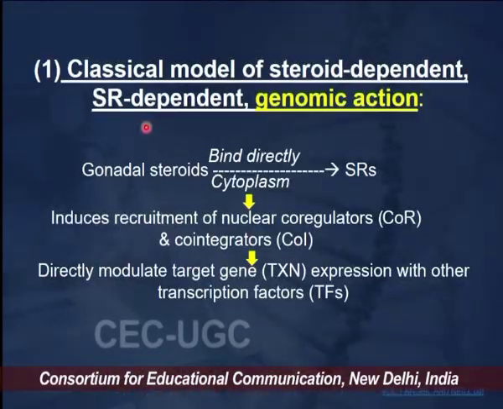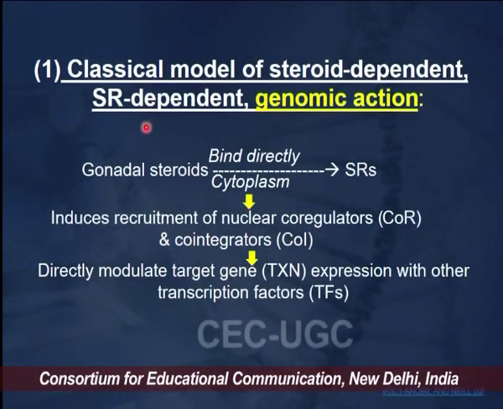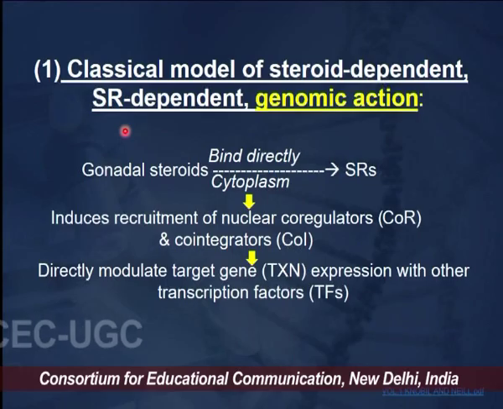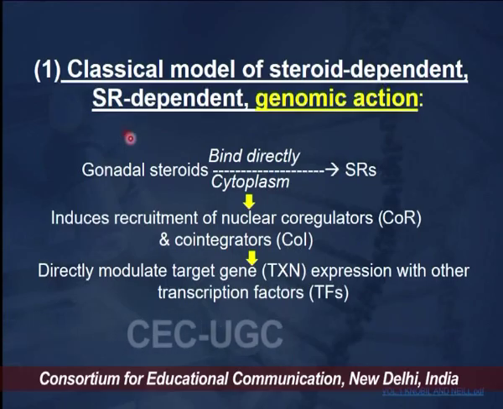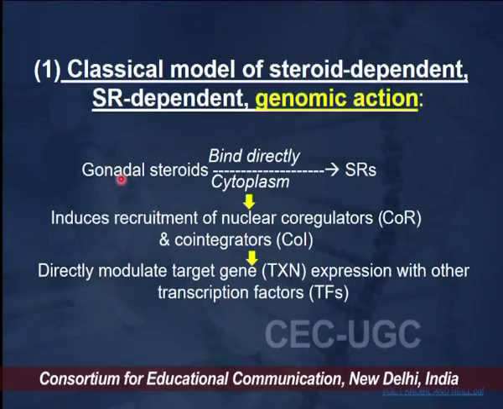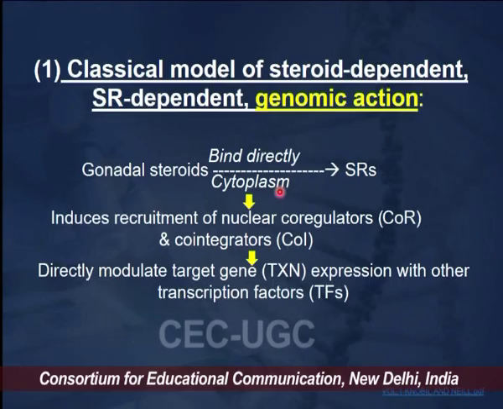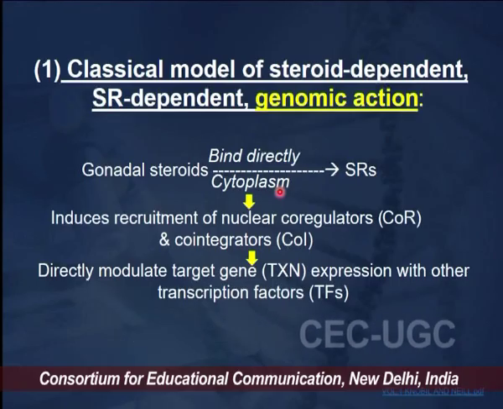Number one, there is the genomic action, which is also called the classical model of steroid dependent and steroid receptor dependent mode of action. Here what happens is that the steroid hormones come and bind with the steroid receptors, which are present usually in the cytoplasm or in some cases in the nucleus.